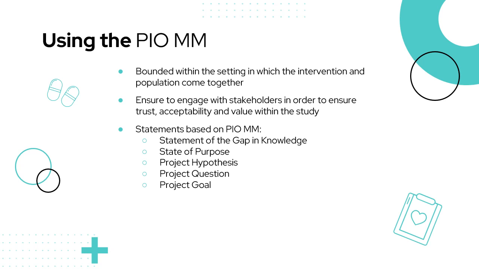So I'm basically stating I want to look at how hand hygiene knowledge and skill and compliance improve after I roll it out in the long-term care setting amongst frontline nurses and PSWs. The project hypothesis: we're hypothesizing that the interventions are associated with changes in the problem for the population we've identified in the described setting over the given time frame.